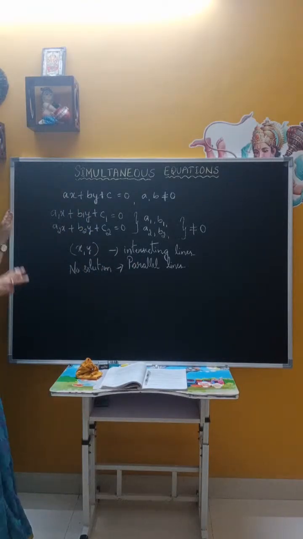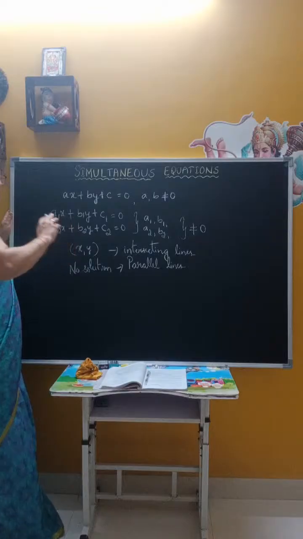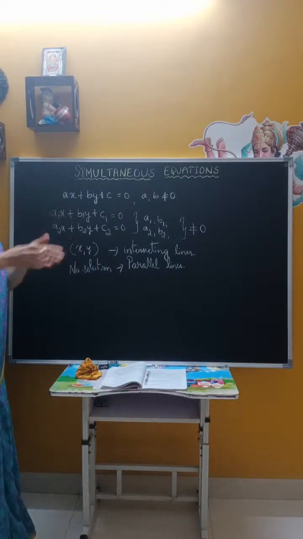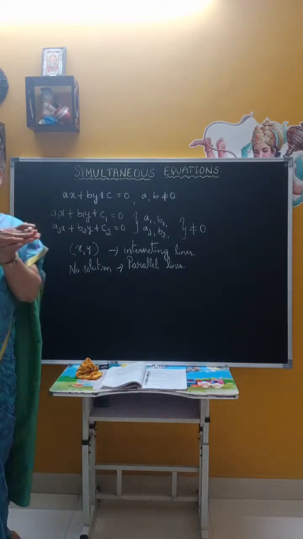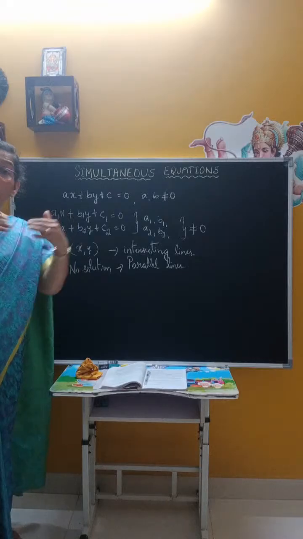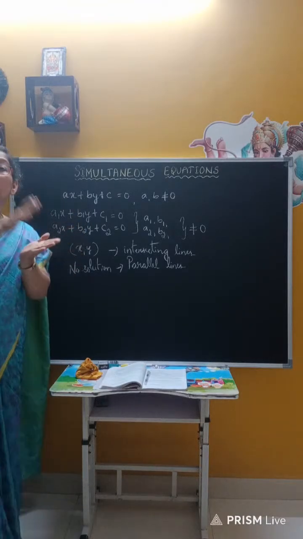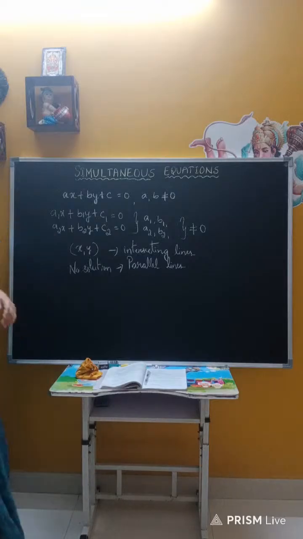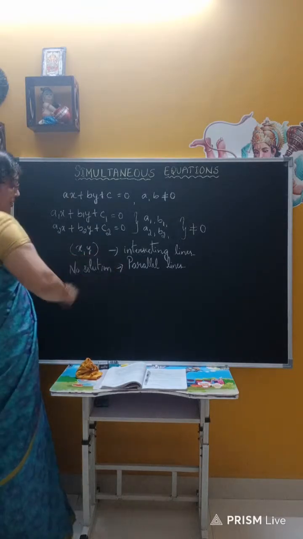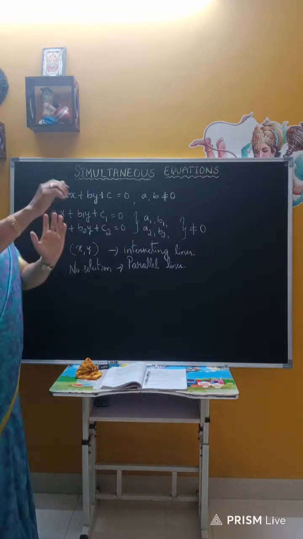Next, the third case is that the lines are coincident. Coincident means lying one on another, joining and going together. That type of lines are called coincident lines. For coincident lines we get an infinite number of solutions.